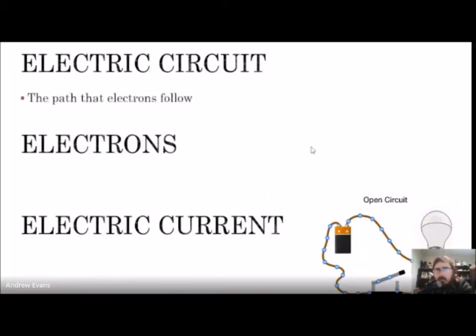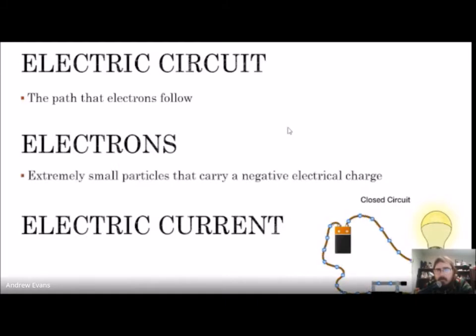So, the electrical circuit is the path that electrons will follow to make the light bulb light up. Now, electrons are simply extremely small particles that carry a negative electrical charge. They're going to run from the batteries all the way to the light bulb, and they have to complete the circuit or else they won't go.